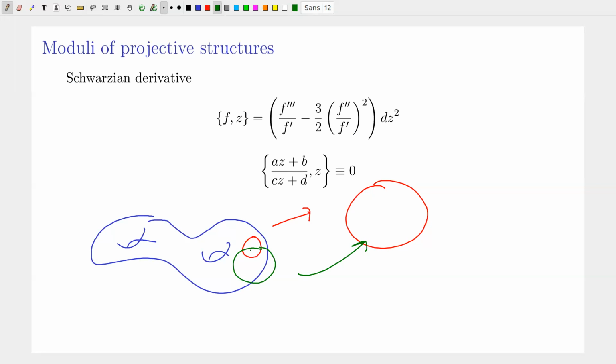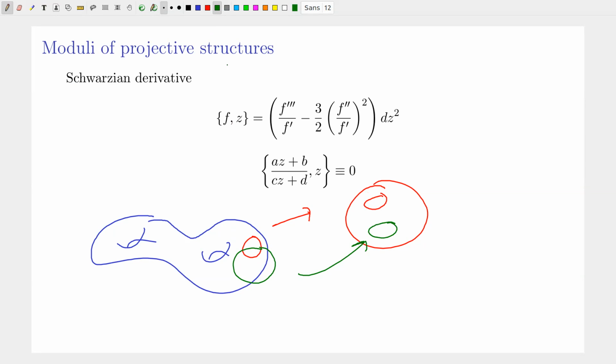So in the change of coordinates, if these two projective structures are different, you do not have a fractional linear transformation, but you have nevertheless some map between open sets in the projective line.